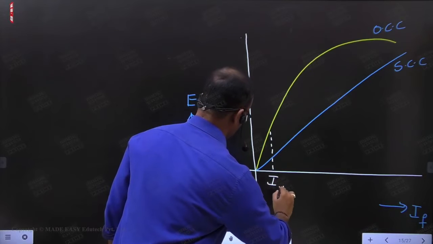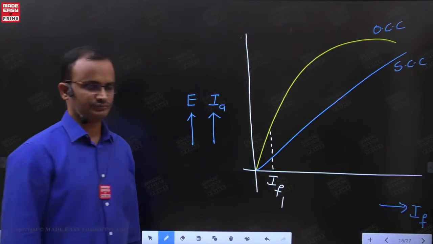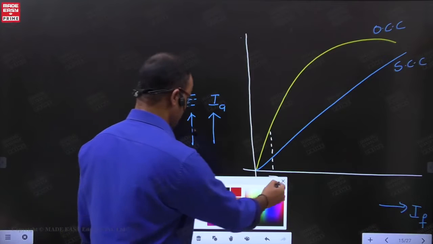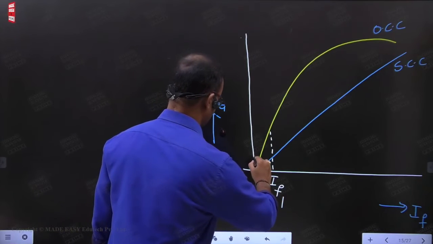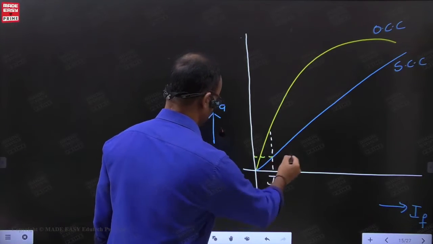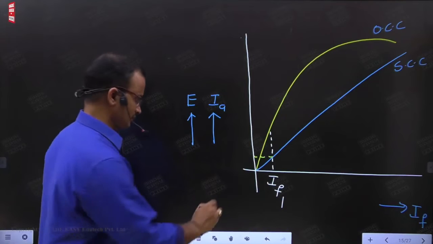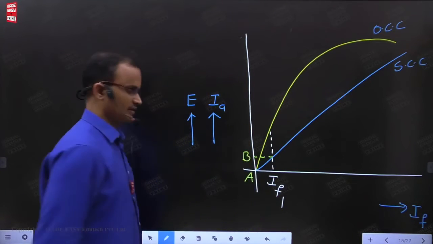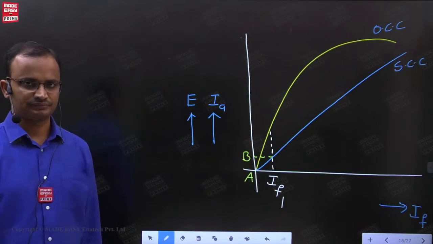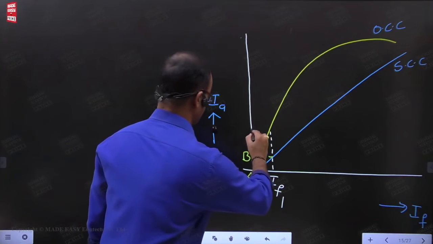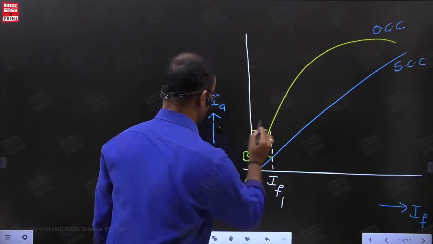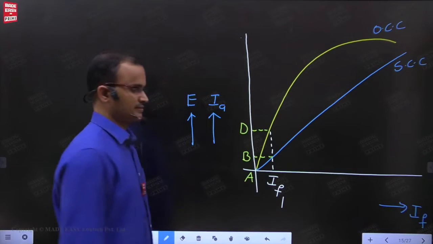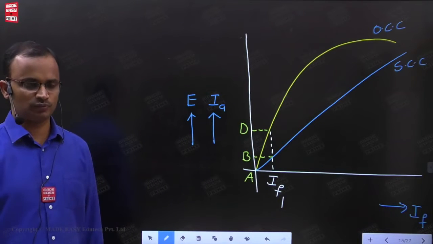Let us name the field current of this one as IF1. For the corresponding field current, from the ACC we can measure the respective short circuit current. Now for this IF1, from the OCC we can measure the respective open circuit voltage.